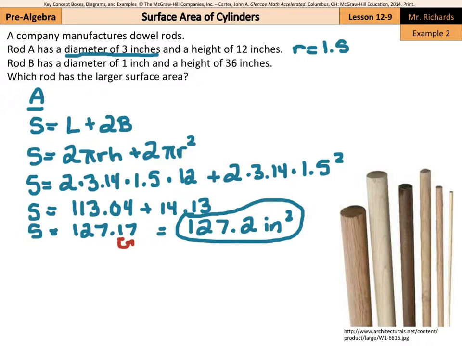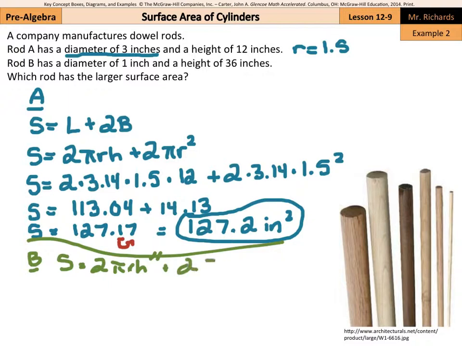And now we get to solve for B. We'll just jump right into our formula now. Surface area is going to equal 2 pi r h plus 2 pi r squared. And this time we're given a diameter of 1 inch, so the radius is going to be half of that, which is 5/10, or just 1/2.